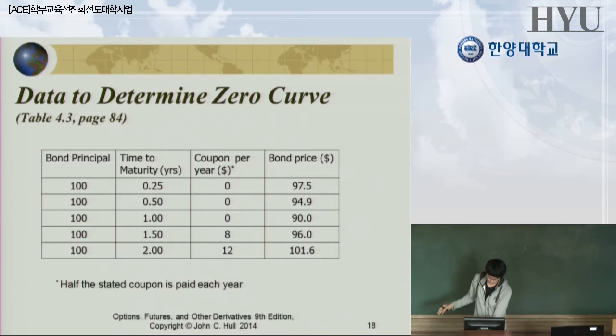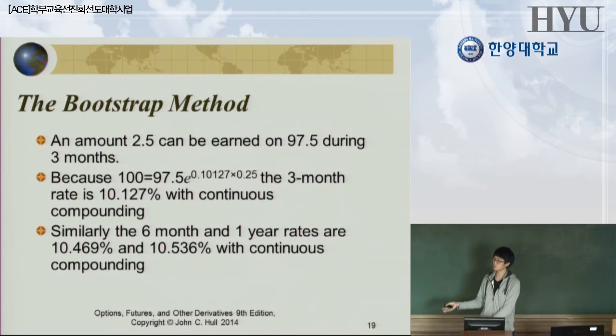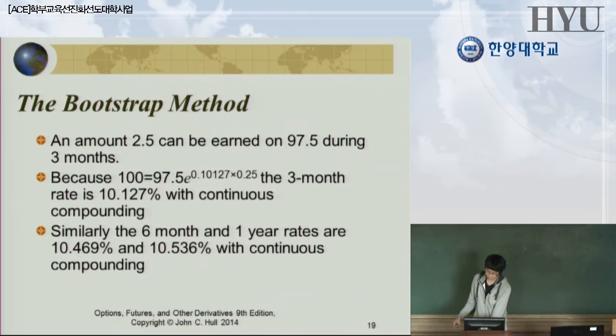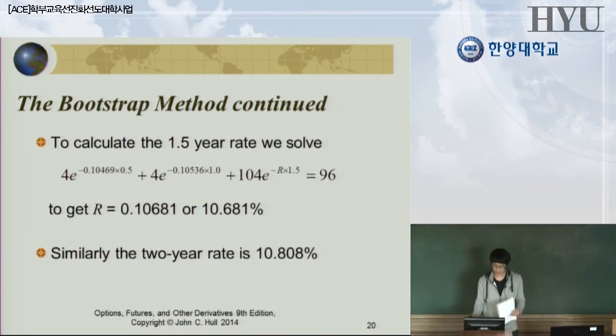If it is semi-annual compounding, we can calculate 2.5 times 4 over 97.5, and then we can change it to continuous compounding by the formula.